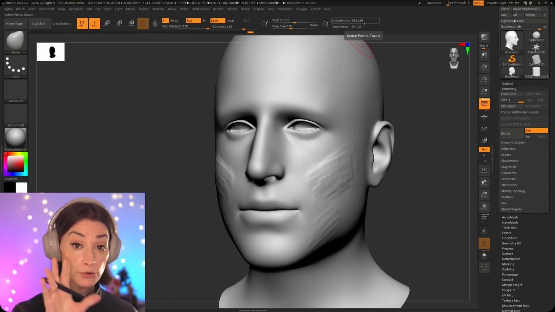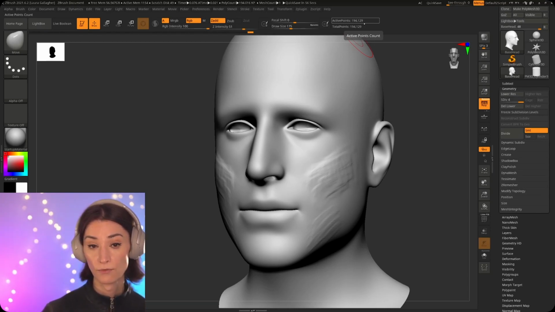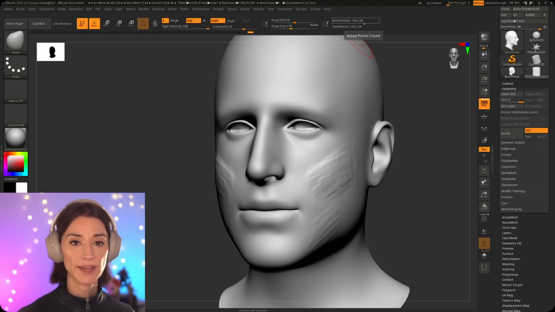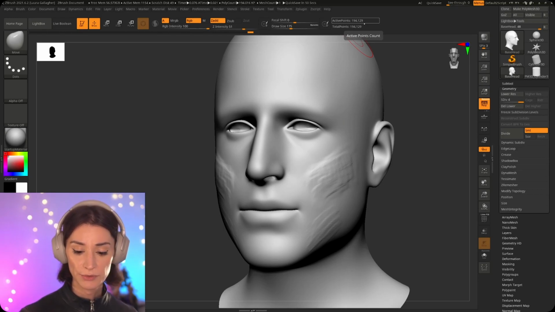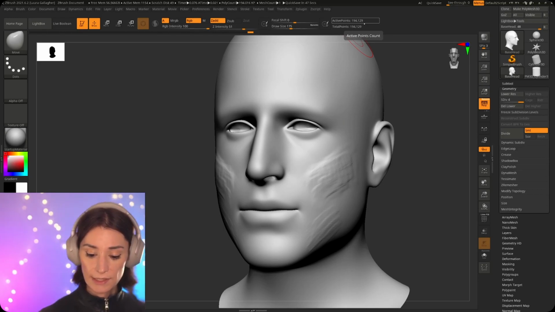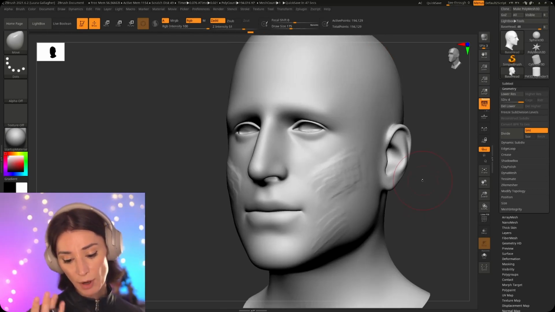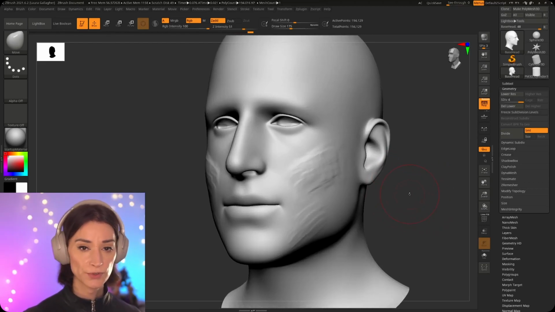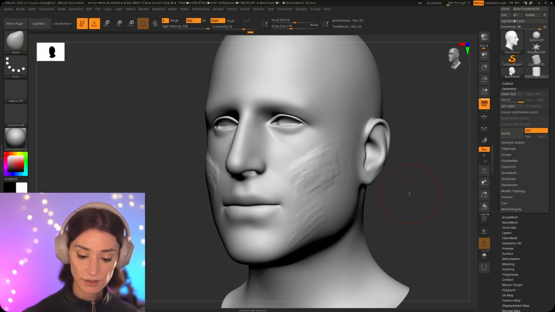So right now we're at about 200,000 vertices on our head, or about 200,000 triangles, polygons, these sorts of things. Technically polygons are double the number of triangles, but as far as we're concerned today, that distinction doesn't really matter.